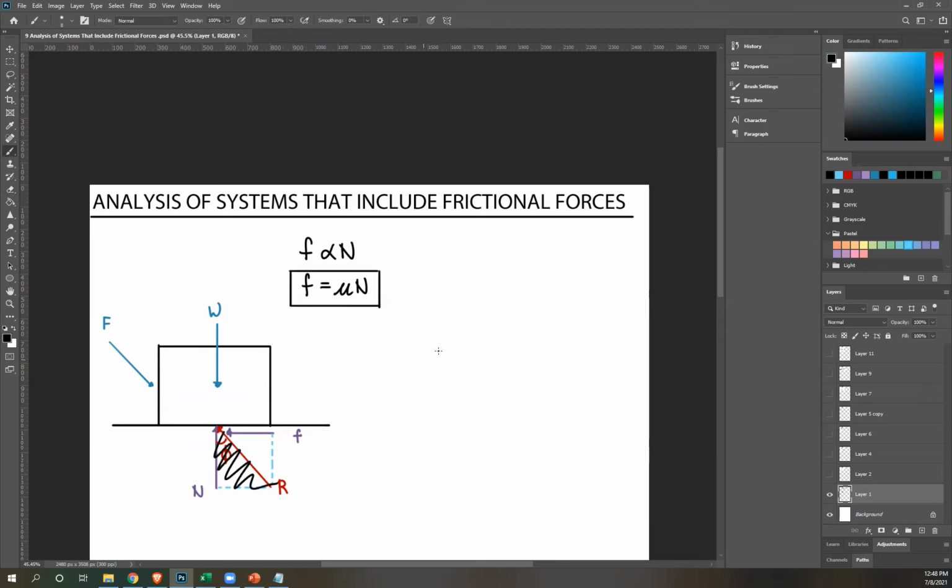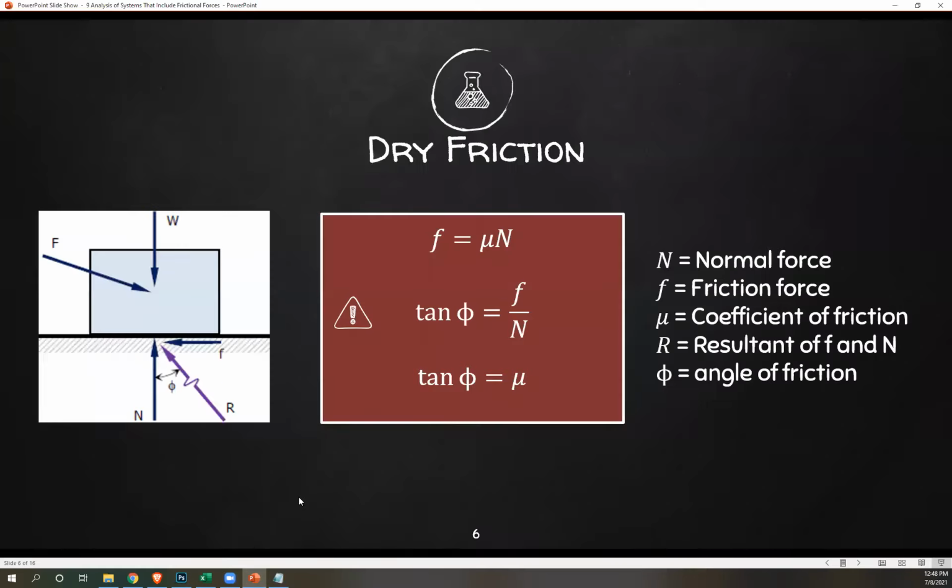So just considering this right triangle and using the trigonometric function tangent, tangent phi is opposite over adjacent. This is the opposite, which is also equal to this line, which is F. So F over the adjacent line, which is N. That is how tangent phi equals F over N came to be.